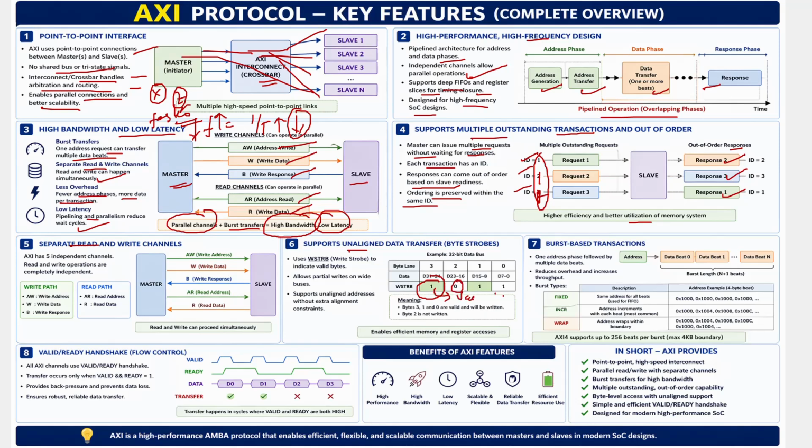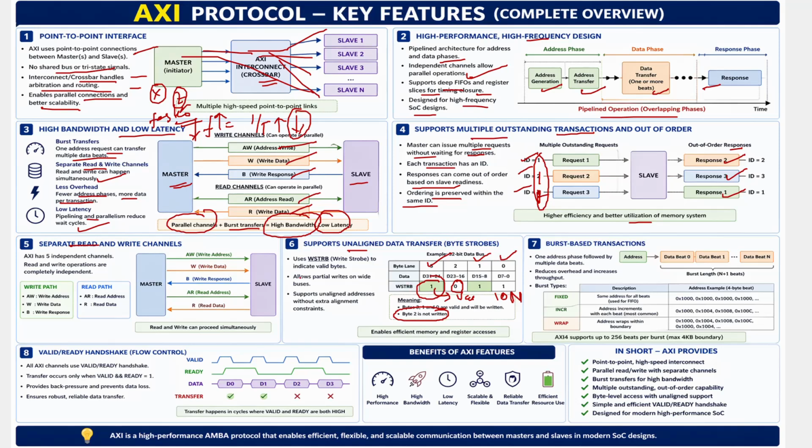So 1011 means byte 0, byte 1 and byte 3 are valid and byte 2 is not valid data. You have not written any data in byte 2. That is what the strobe signal defines.